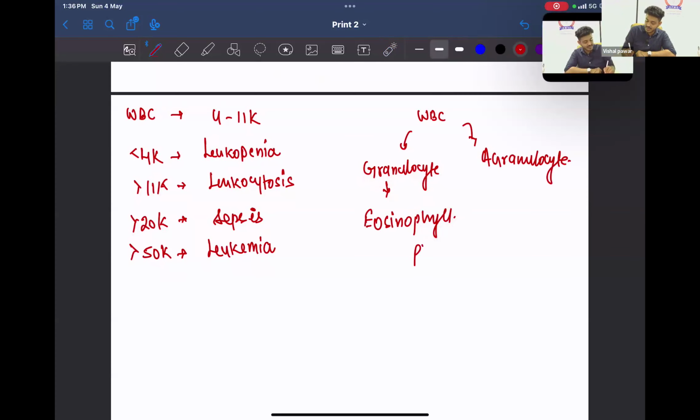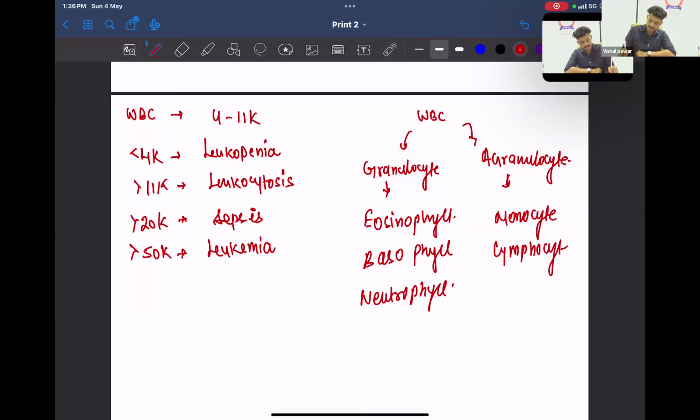We have 3 fill. What are the 3 fill? Basophil, eosinophil, and neutrophil. Agranulocytes will be monocyte and lymphocytes. Okay, you can remember this.